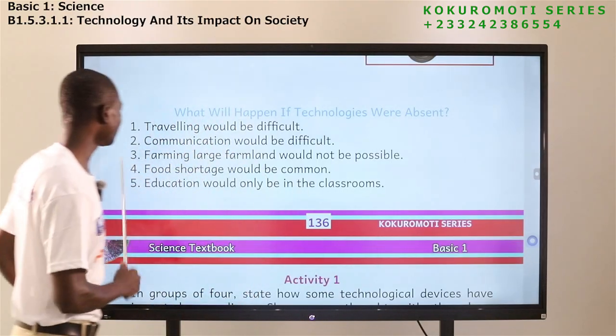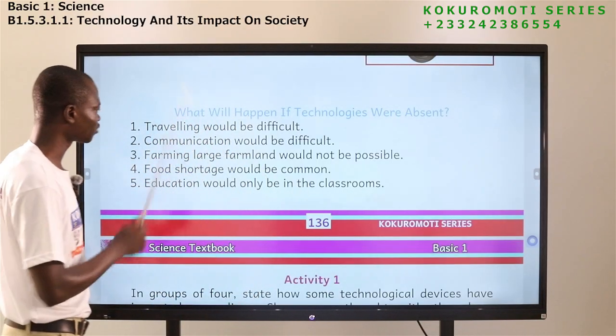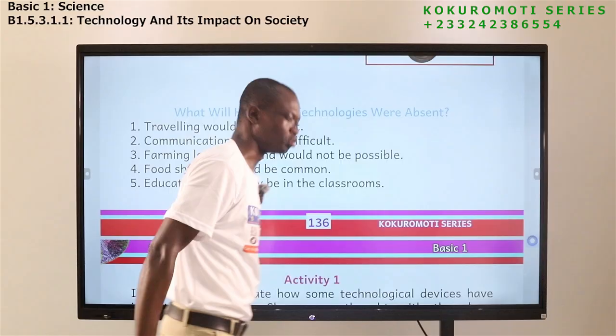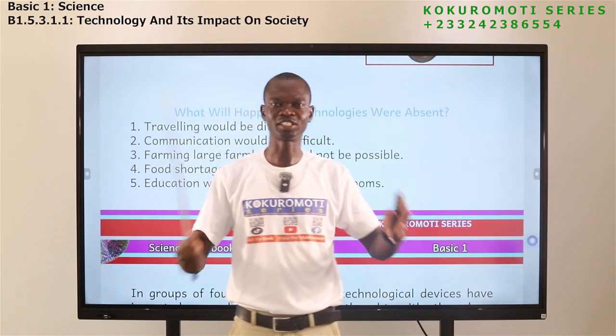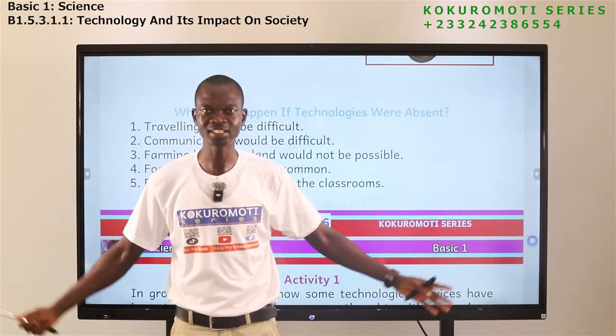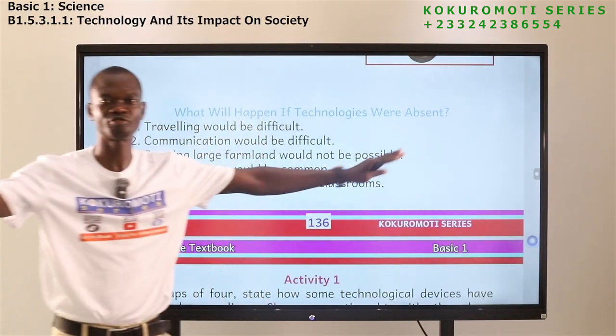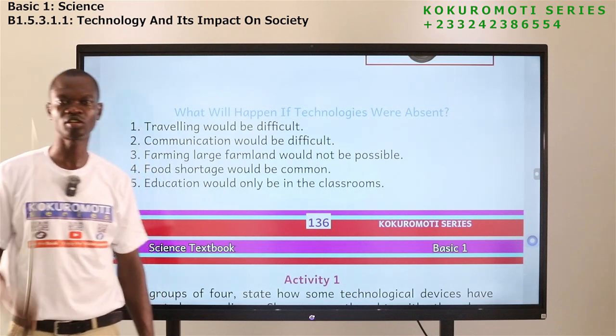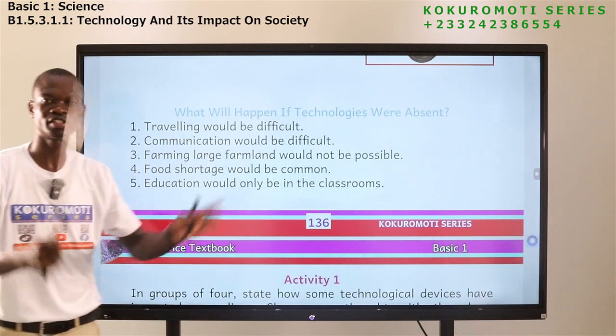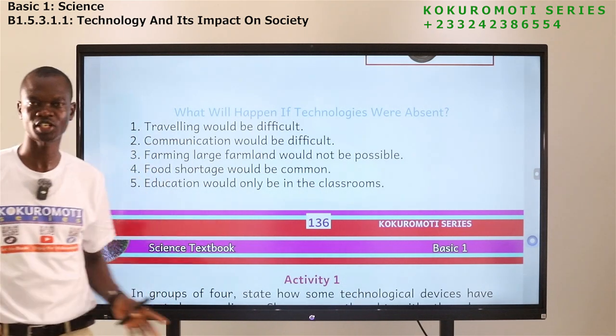Okay. The next one is that farming large farmlands will not be possible. There are some places they use technology, machines, and these machines are able to what? To farm large places. And without technology, you can't get or develop these machines. You can't build these machines.